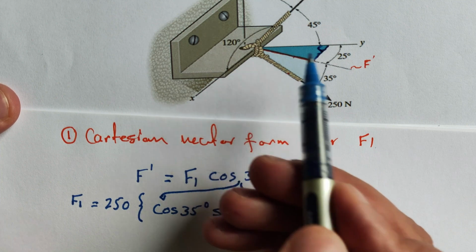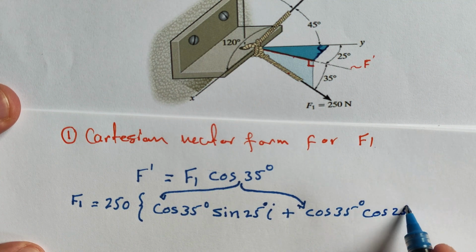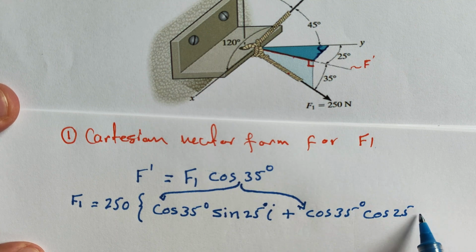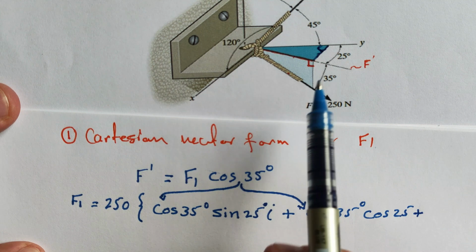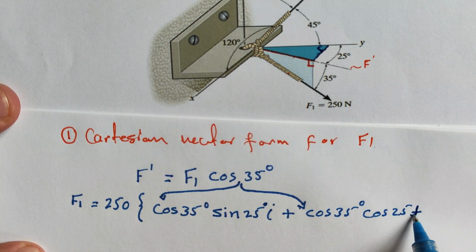When you solve for it, we use cos 25. Already we've taken F1 out, guys. If you do it step by step, it will result in exactly the same thing. Remember that there are several ways to solve the same problem. Now coming to the last component, which is the Z component.